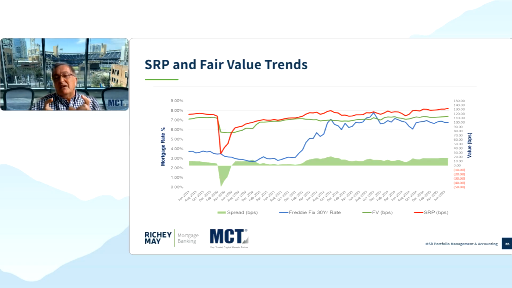To put things in context, if you think of a circle and the fair value is at the center of that circle and the SRP value is at the circumference of the circle, with the slightest rate change, that SRP value will move dramatically compared to what the fair value movement would be. So that's why we advise clients not to chase those SRP levels.